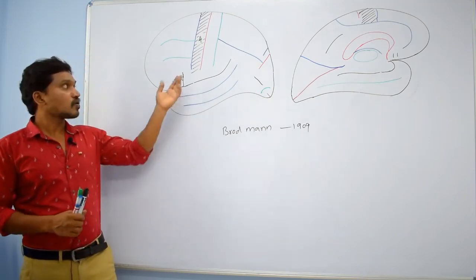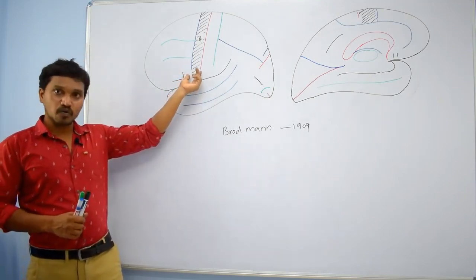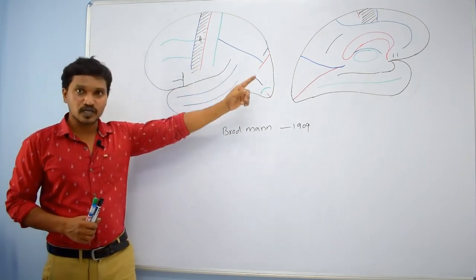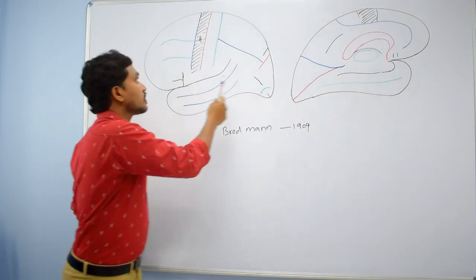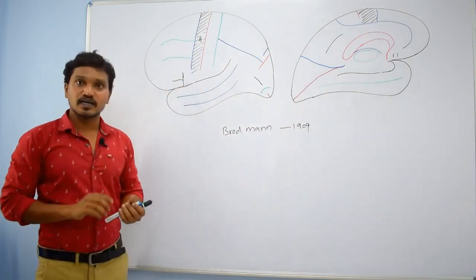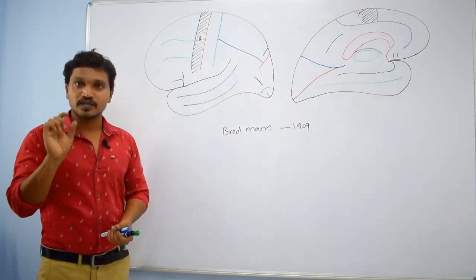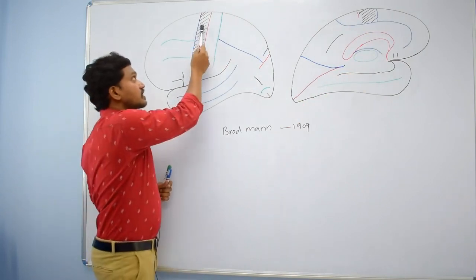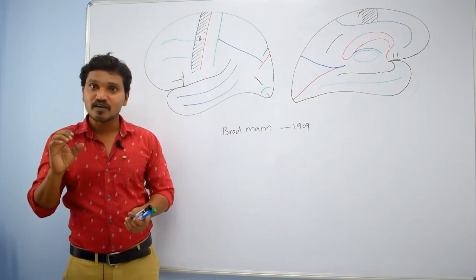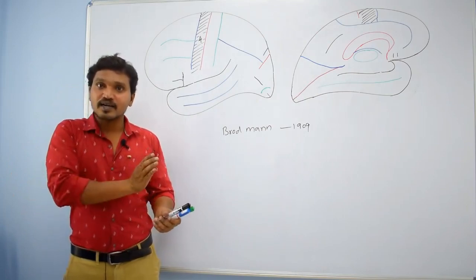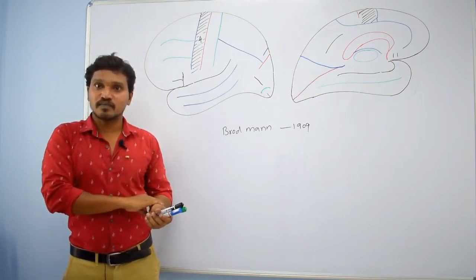Right? Now, when we are discussing area number 4, we know the location: anterior part of the paracentral lobule, then precentral gyrus. This is the location. Then, if you stimulate this region, what will happen? Contraction of contralateral musculature, right?